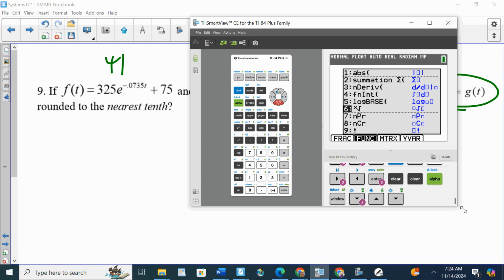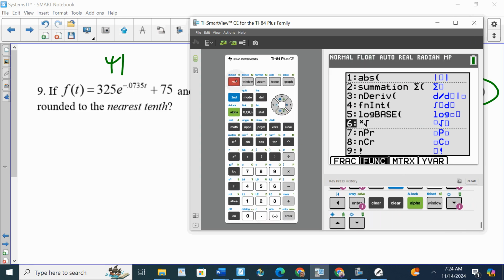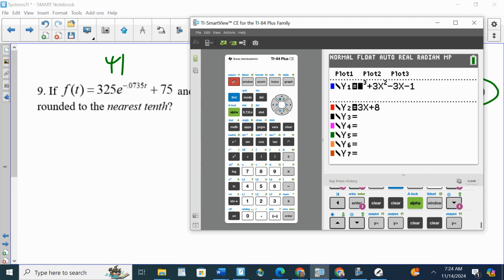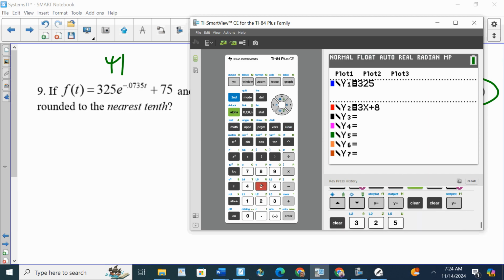All right, so let's go to y equals. Let's type in 325, E is second ln. Again, we haven't talked about E yet, but for now, it's just a matter of typing into the calculator.